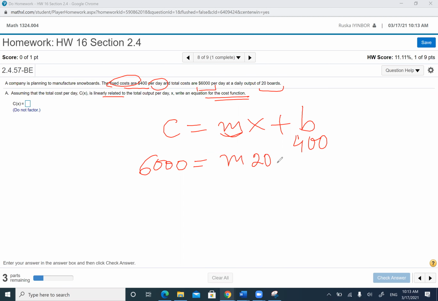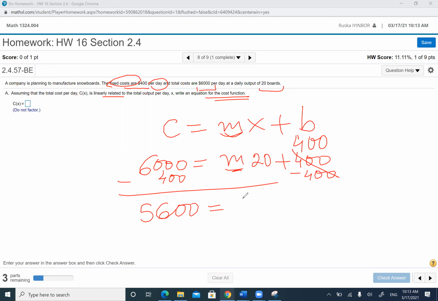So that's what you're using to find m, to find the slope. So you're going to subtract 400 on both sides, and you're going to get here 5,600 equals 20m. The slope, divide by 20, and that's going to be my slope.